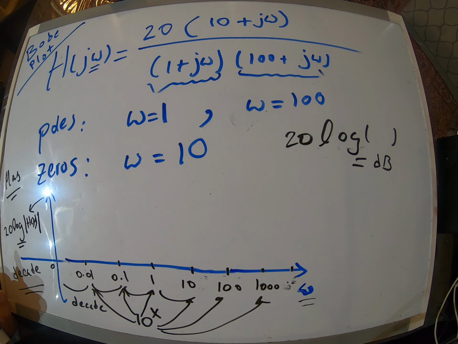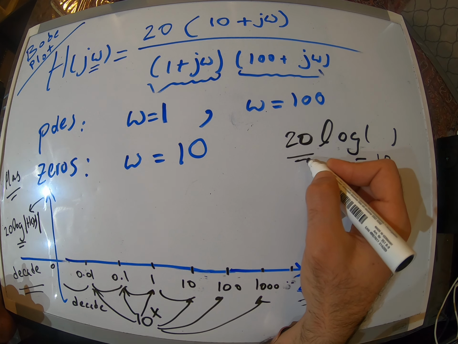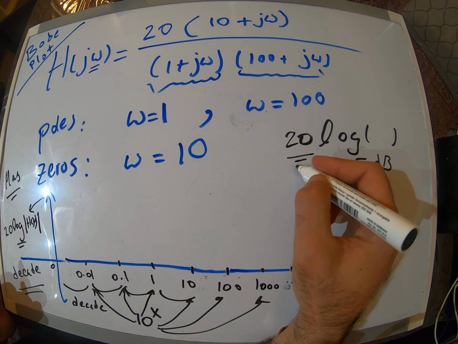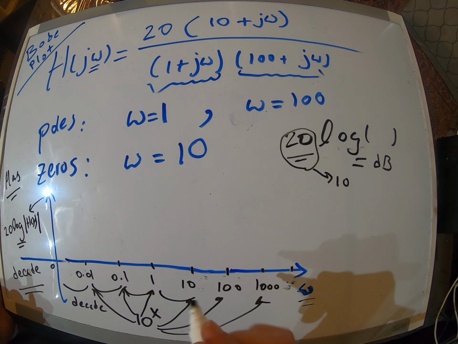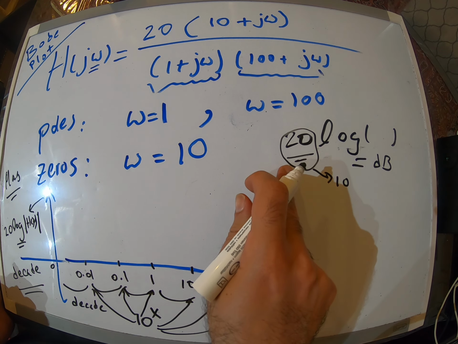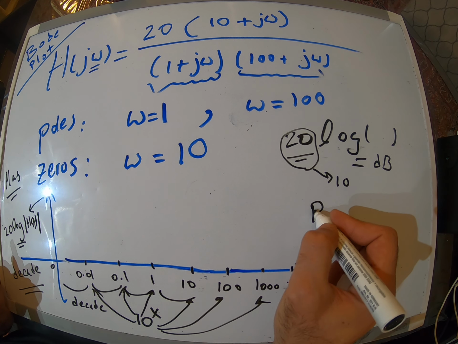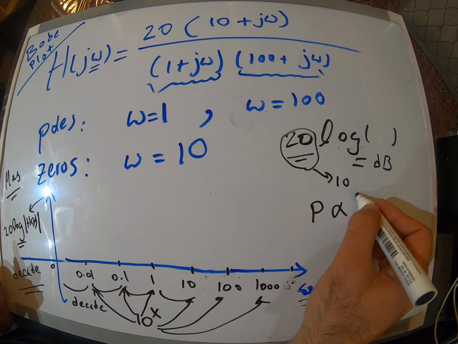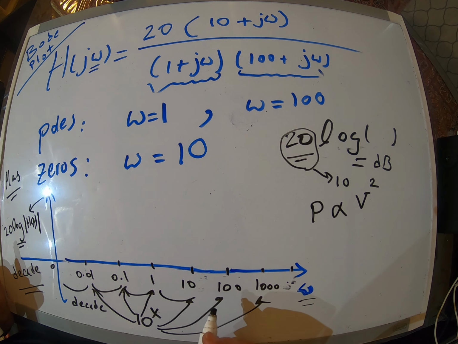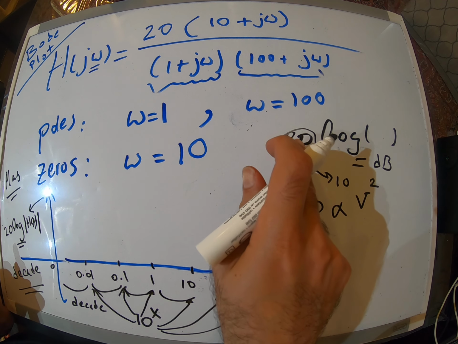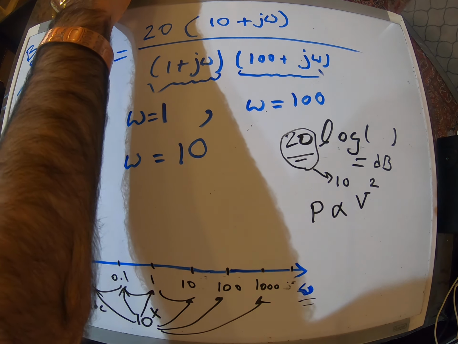Just keep in mind that in mechanical or acoustic applications they use 10 instead of 20, but in electrical engineering we use 20 because what this represents is power, and power is proportional to voltage squared. So even if you use 10, the square would come out of the log and become 20. That's why we use 20.